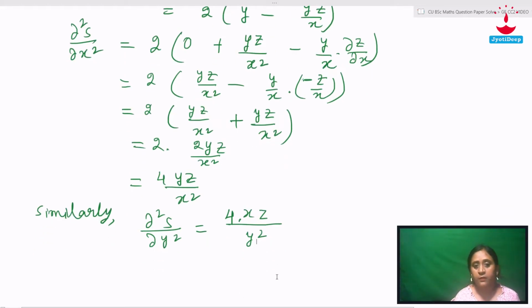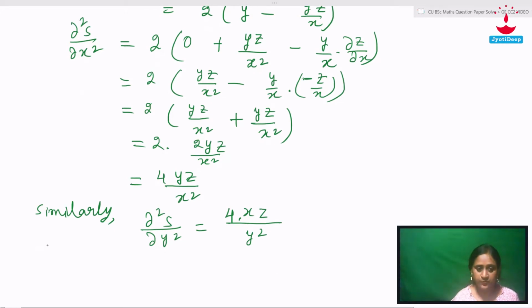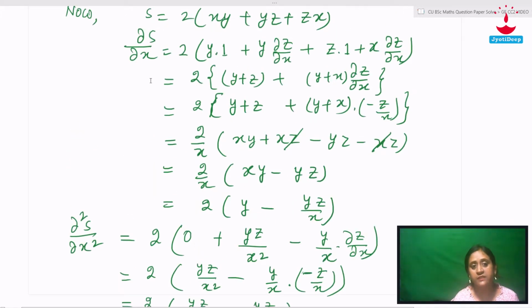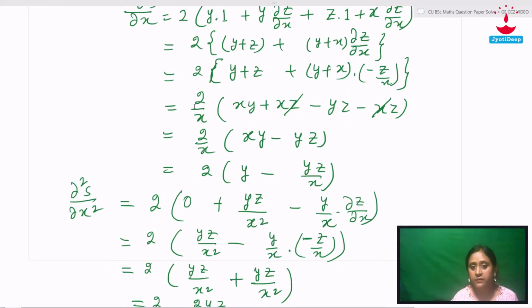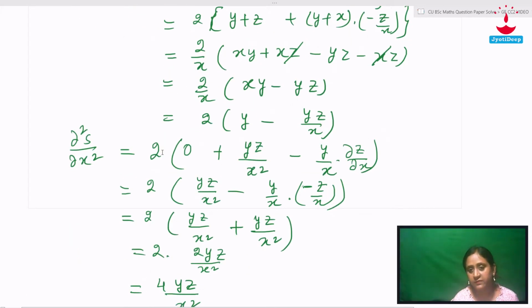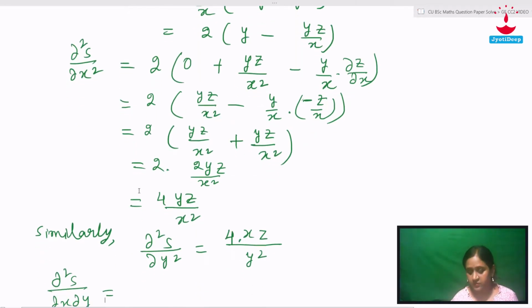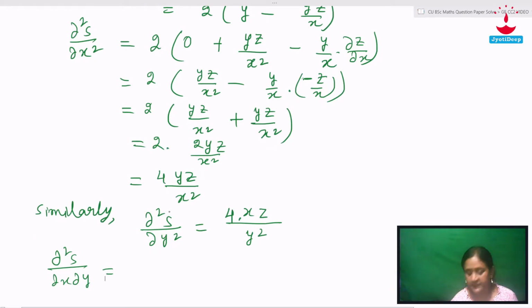Now del 2s by del x del y is equals to, we are going to use this one, del s by del x. We are differentiating it with respect to y. Okay. So here it is 2 into y minus yz by x. So we are using it, we can write 2 into differentiation with respect to y.